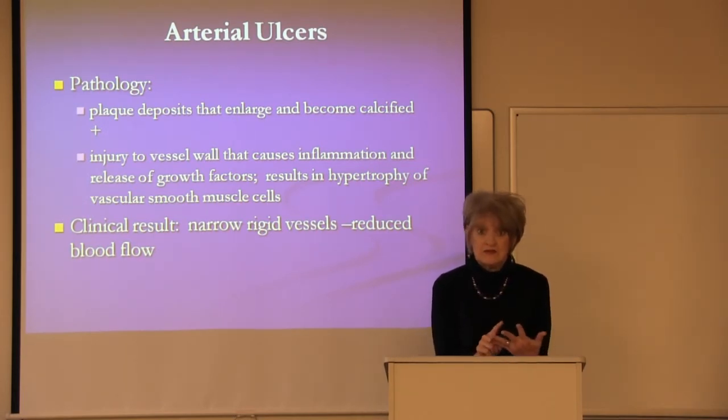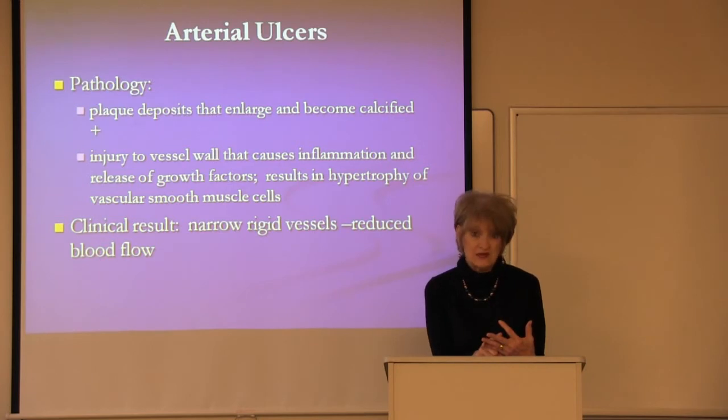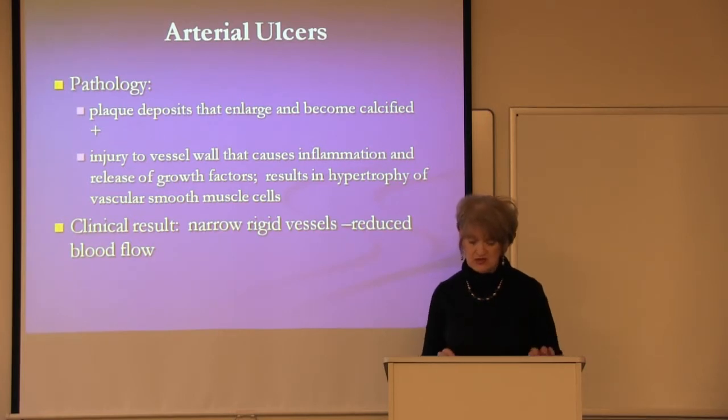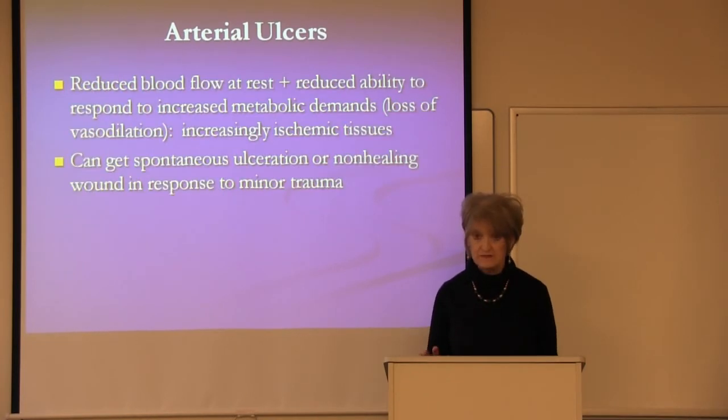High lipid levels, nicotine byproducts, other hypercoagulable states increase the risk that you'll form small clots or thrombi that can plug a narrow vessel. The end result is diminished blood flow at rest and inability to increase blood flow in response to demands.